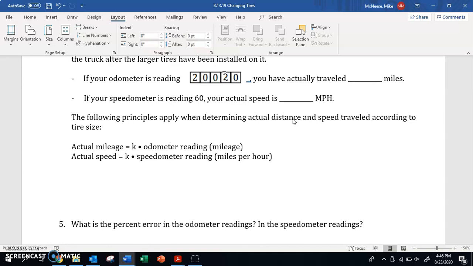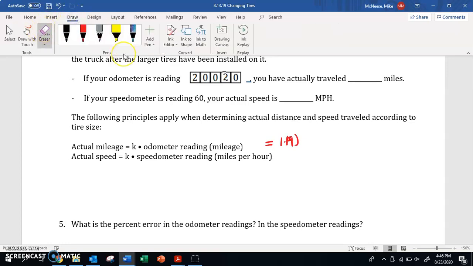So we've got 1.19 as our scale factor, and our odometer reading is 20,020 miles, which if you simplify that, we get 23,823.8 miles.